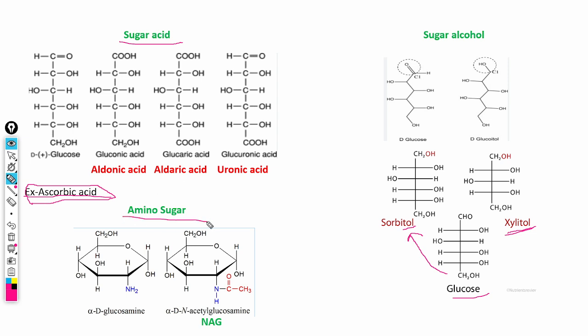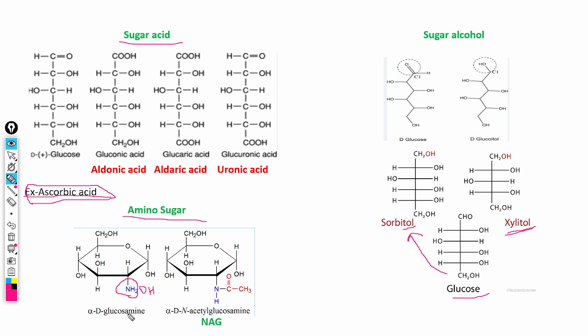Another is the amino sugar. So amino sugar means this is called glucosamine. Let's say in glucose, here an OH group is present actually. But here in the glucosamine, an NH2 group or the amine group is present instead.